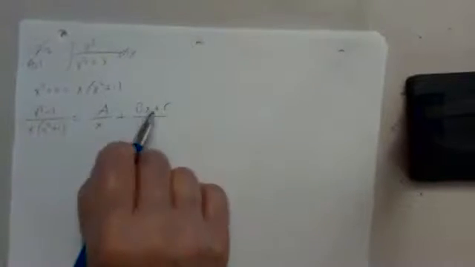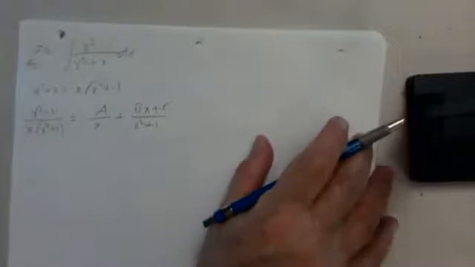So when you have a rational function where the denominator involves linear and quadratic terms, for the linear term, you're going to get a over x. And you also get a fraction with this quadratic term in the denominator, but the numerator will be linear, bx plus c.